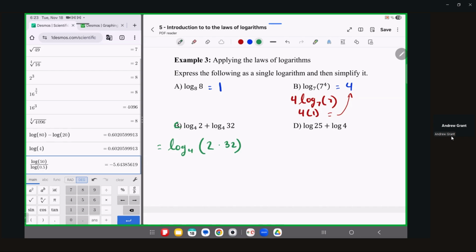Keep the base, multiply the arguments. So this becomes log base 4 of 2 times 32 is 64. 64 is the same thing as 4 to the power of 3, and this will then just be equal to 3.